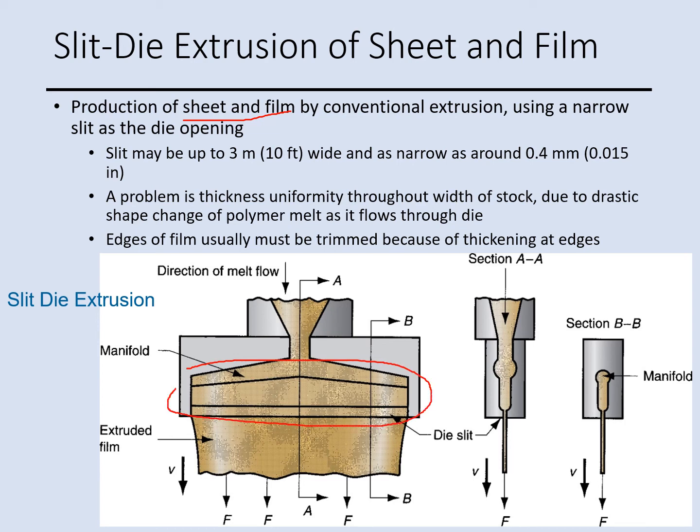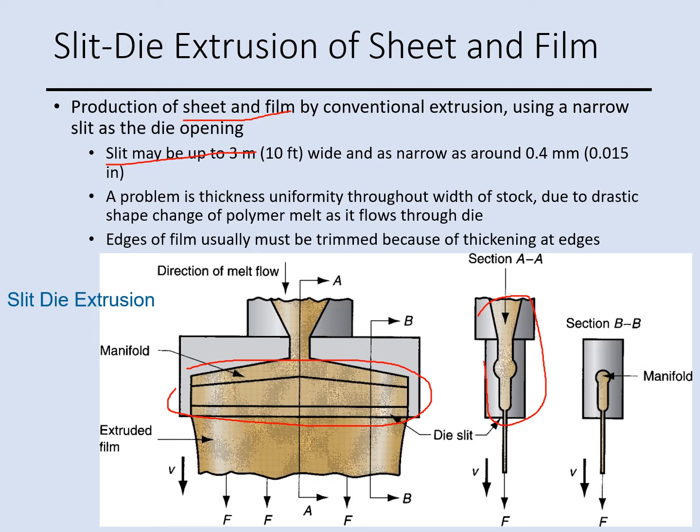If you look at the cross section, it has a manifold, and the manifold spreads the polymer melt laterally before it flows through the slit. The slit can extend up to 3 meters or 10 feet wide, and can be as narrow as around 0.4 millimeter.